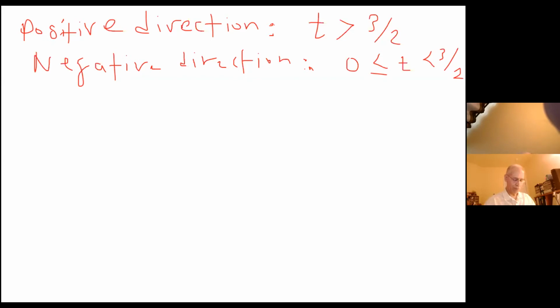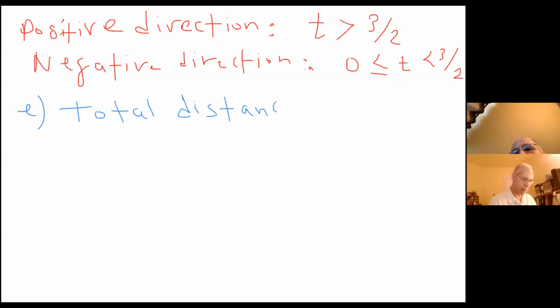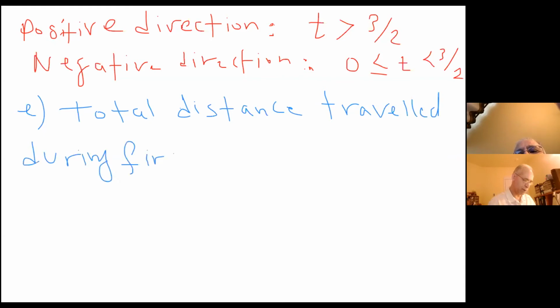Okay. Next part, the question can ask something like, what is the total distance traveled during the first 4 seconds? So part E is asking for the total distance traveled during the first 4 seconds.